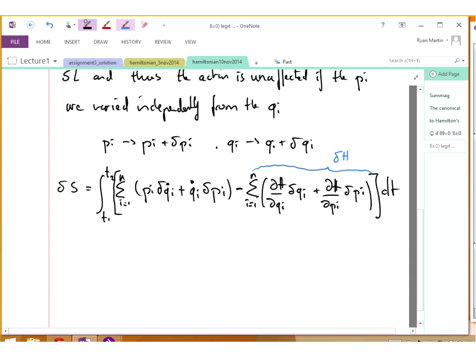Okay. So consider specifically this term here, the Pi delta Qi dot. So the Pi delta Qi dot, we just saw that we could write as Pi d/dt of delta Qi, right?